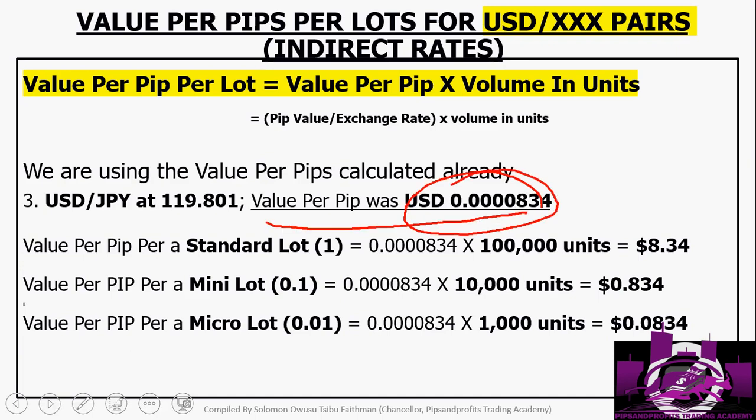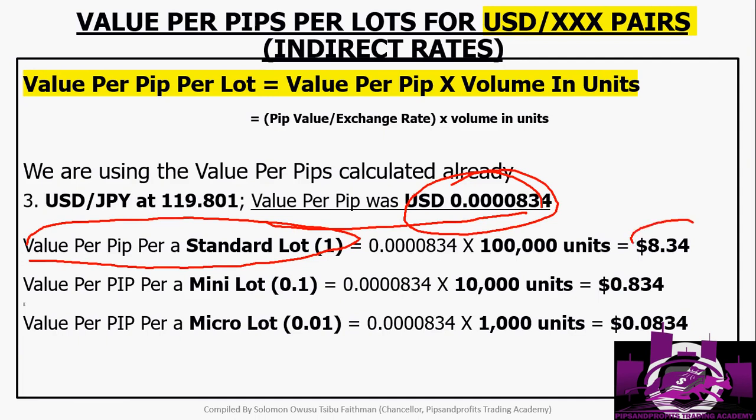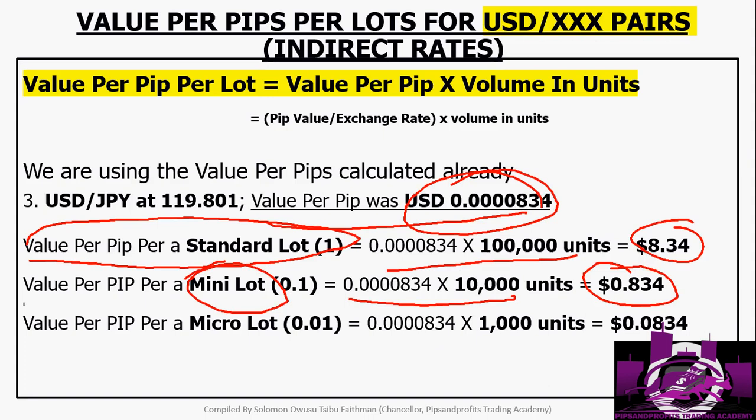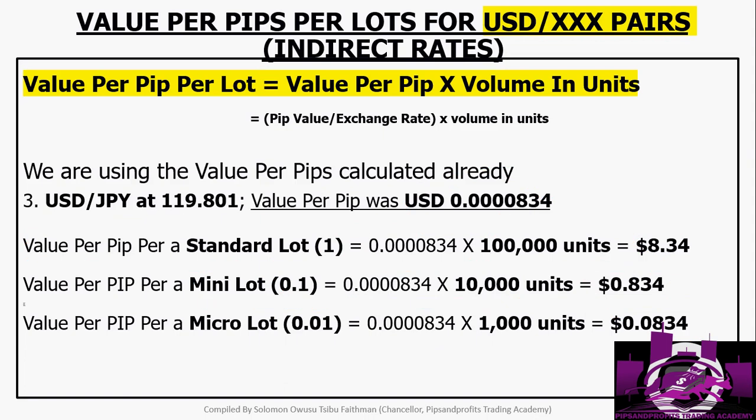Now the value per pip for standard lot, that is for one pip move, the standard lot of USD JPY, we are going to get this as the monetary value. And then for mini lot, we are going to have 0.834. Remember how we got the answers. And then for micro lot, we are going to get this. Try and remember how we got the answers. All right. Let's go to the next one.